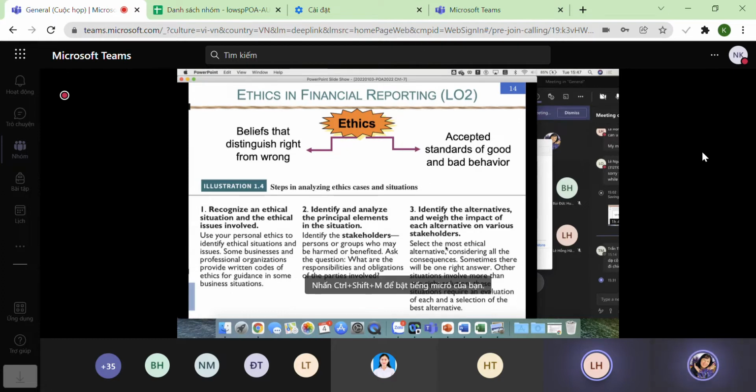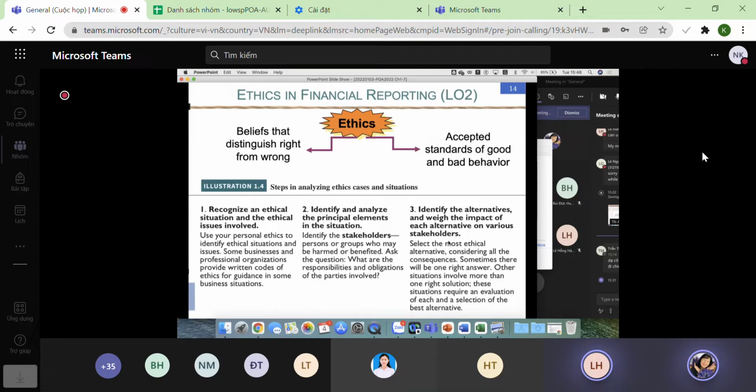About ethics, for your career or life, we need to consider which action or activity can have a negative impact on others. We reduce or limit that negative impact. When we do something, we should consider the effect of the information we provide to the external user, because based on that, they will make decisions.